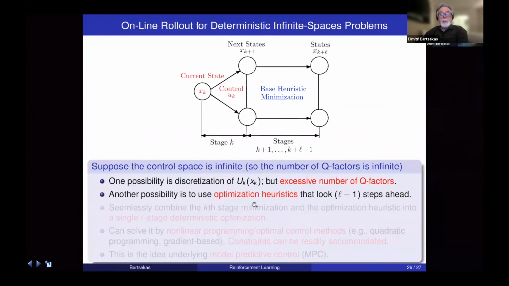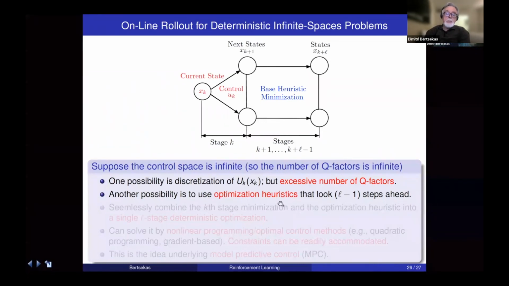Now, here's the other possibility. Instead of discretizing and using some kind of heuristic in the context of rollout, it's possible to use heuristics that are based on optimization and look L-1 steps ahead.